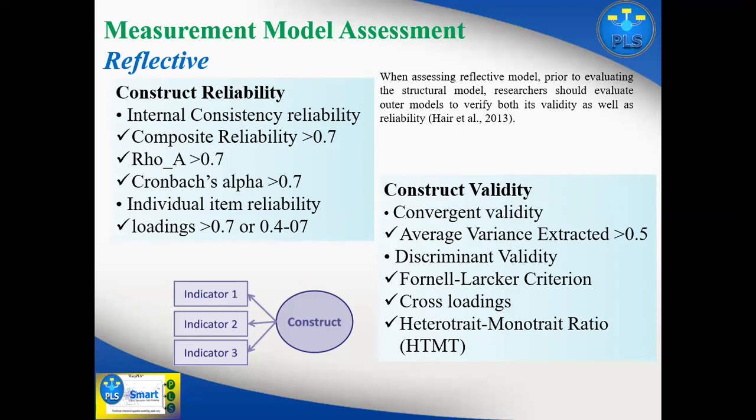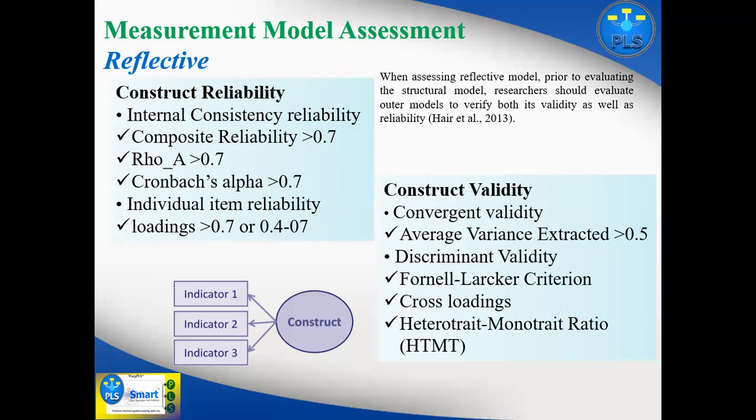It makes sense because when you run your analysis, you will find that composite reliability is most of the time higher than Cronbach's alpha. So we agree that Cronbach's alpha is undermining reliability.